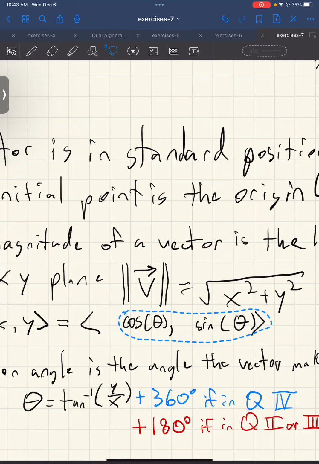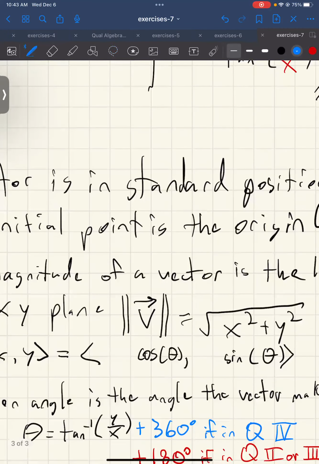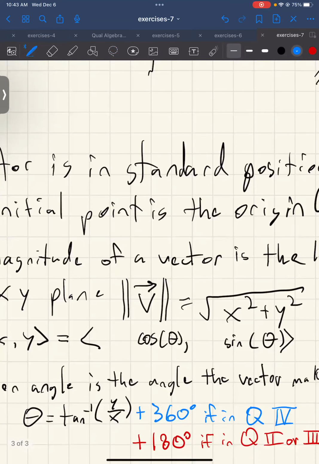But we can call the length something in particular. We name that the magnitude. So I'm going to draw this in a really fancy way: the magnitude of v times cosine theta, and the magnitude of v times sine theta.